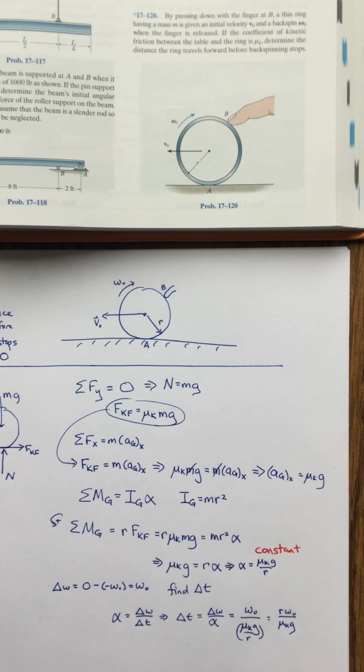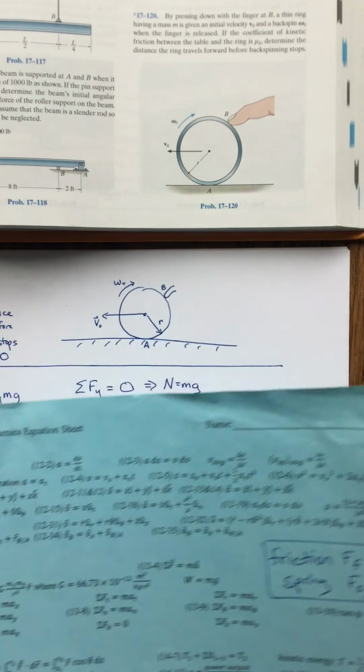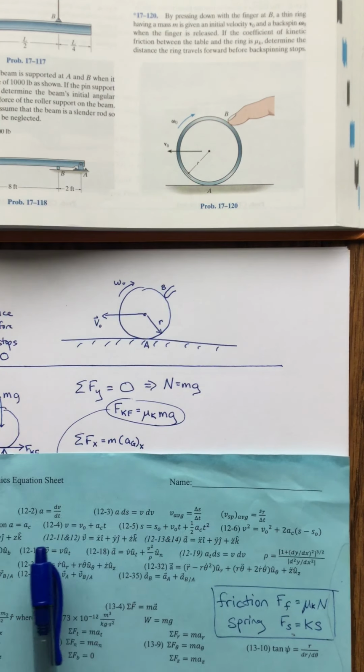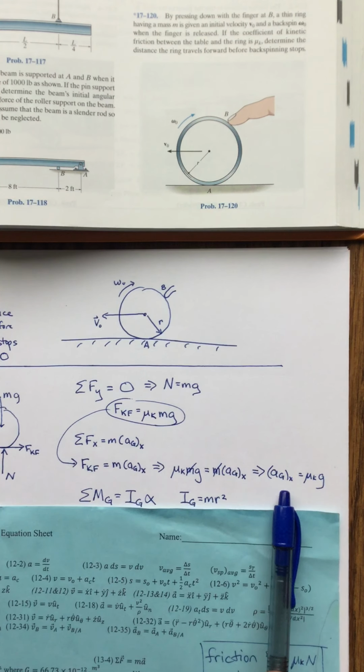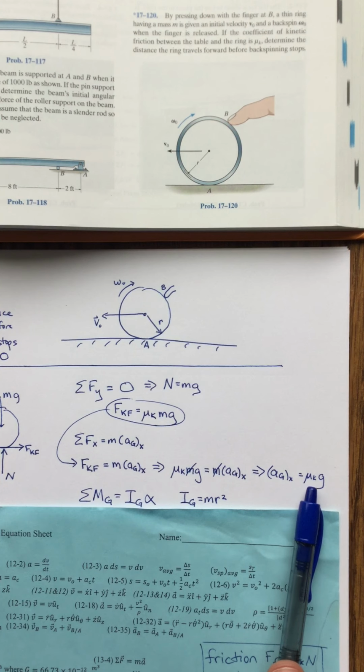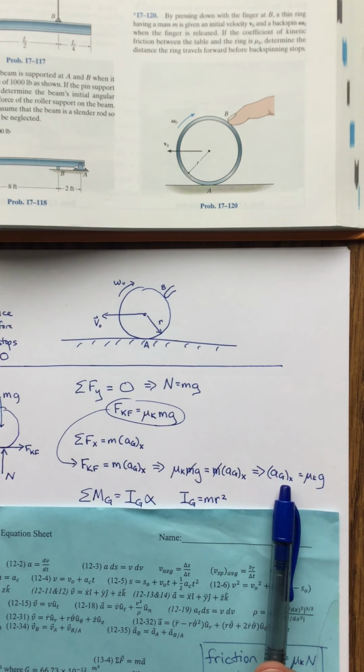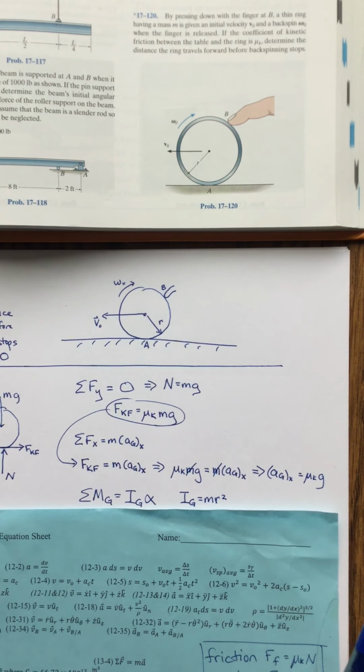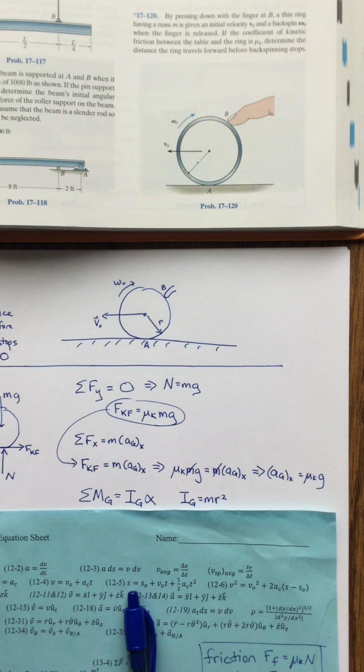Then I can go back to equation 12.5, as long as I have constant acceleration. So if I go back and I look at the acceleration of the mass center in the x direction, mu k is a constant, g is a constant, so I have constant acceleration here. So I can use equation 12.5.